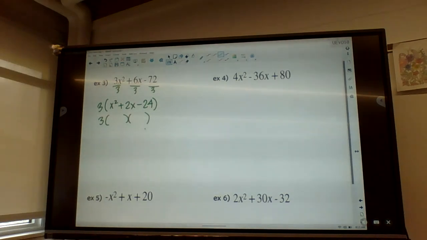So again, just getting in the habit of doing this reverse FOIL. It's going to be x and x. I want to multiply to get negative 24, but we're going to add to get positive 2.